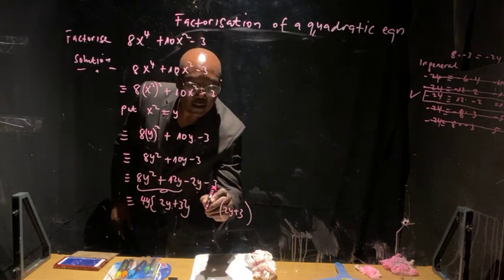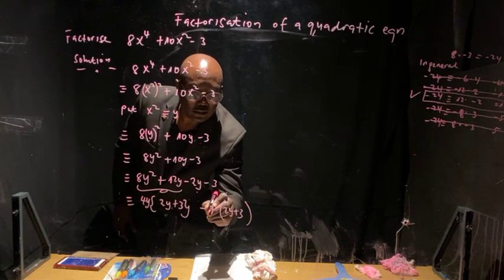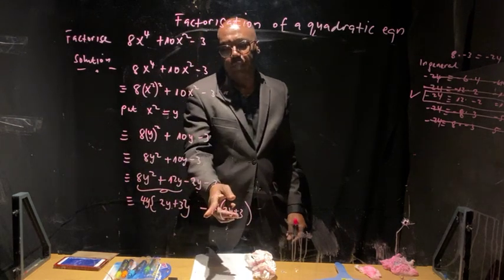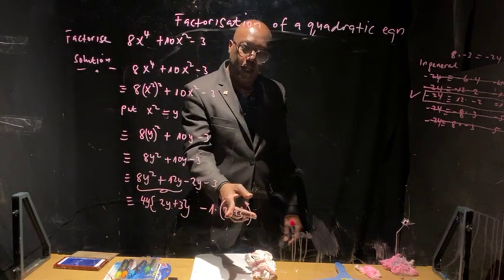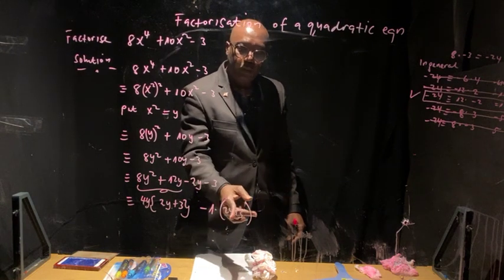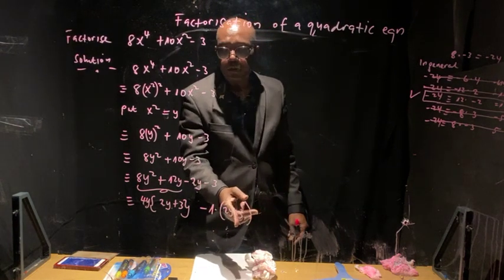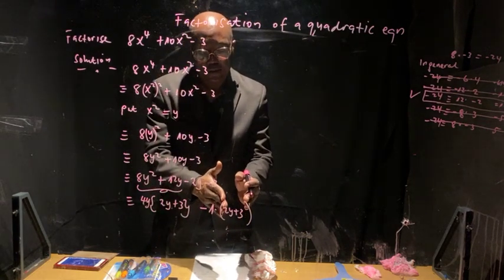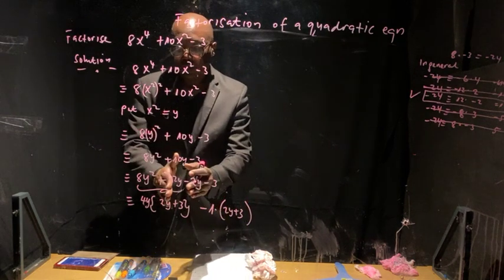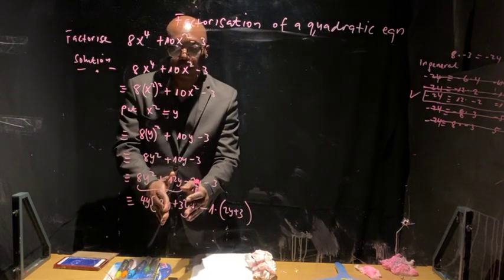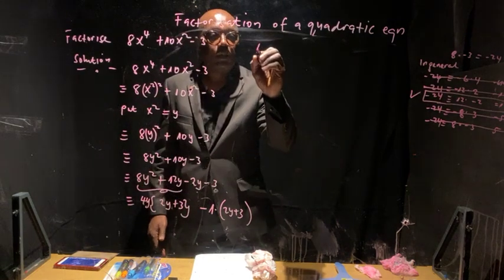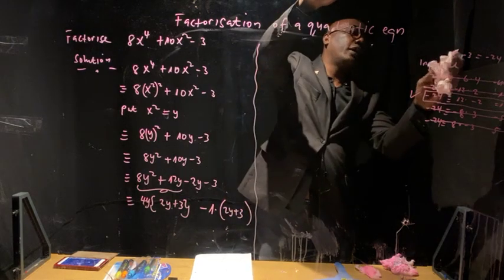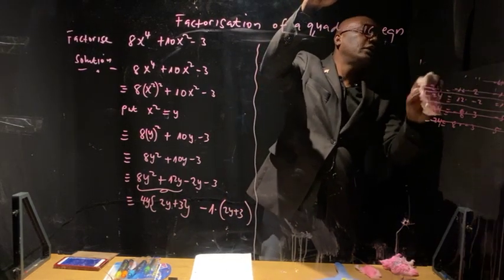Then why don't I make here minus 1 times this one? So minus 1 being multiplied to 2y will be minus 2y. Minus 1 being multiplied to 3 will be minus 3. So you can see that there is an identical factor here, which is 2y plus 3, and 2y plus 3 as well. So I will then come to factorize it. You can see that we don't need this one again. This one is no longer needed.